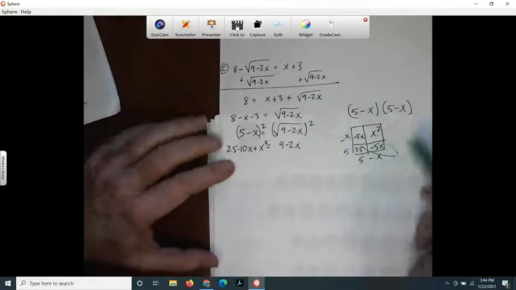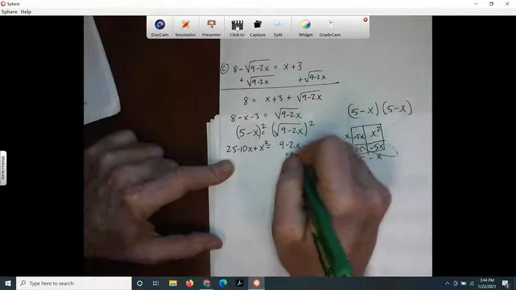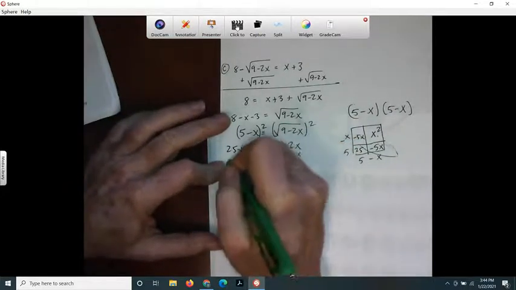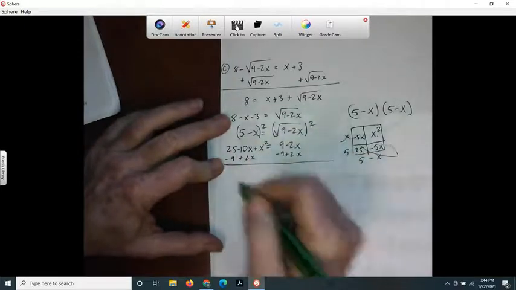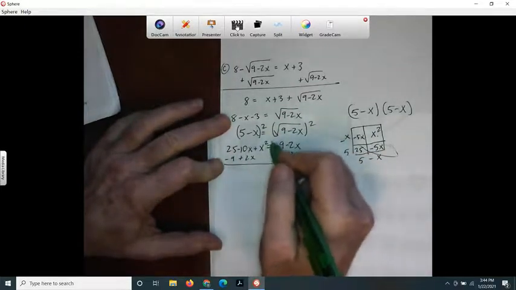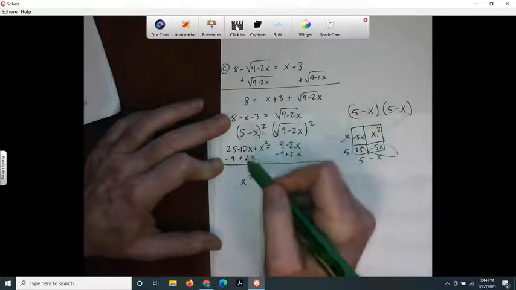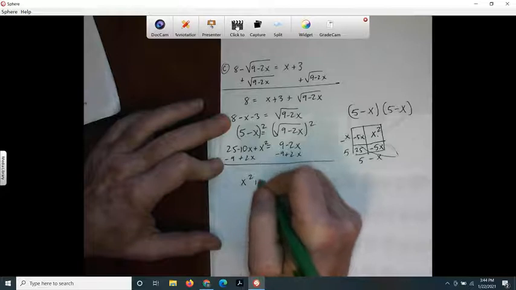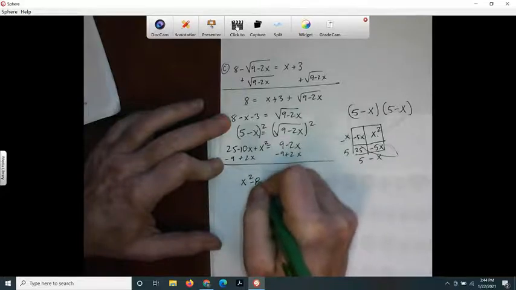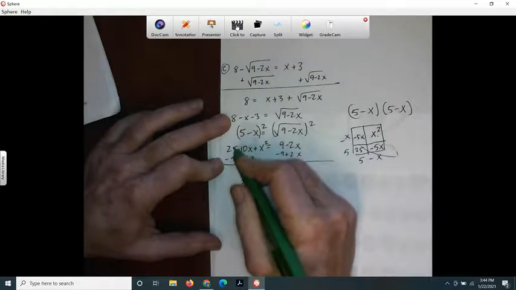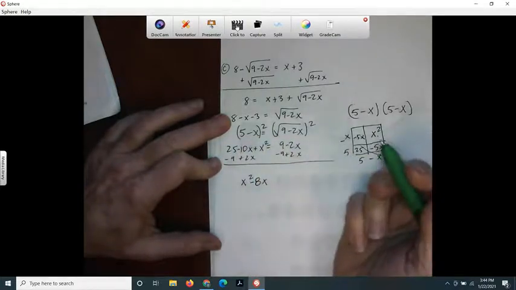Okay, so then we're going to get them all on the same side, and I'm going to write this in order. I'm going to write this as x squared plus minus 8x, and 25 minus 9 is 16.